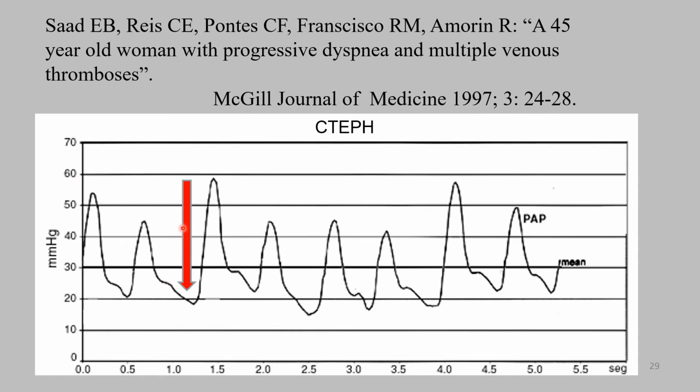Just to emphasize, I'm putting this arrow showing the discrepancy between the peak velocity and the diastolic pressure. This case was reported from Brazil by a friend of mine, Eduardo Saad. He published it in this journal in 1997, and I asked him for the pressure curve.